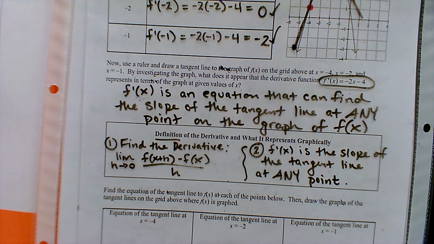So we have 2 definitions. Either the definition on how you find it, mathematically, or the definition of what it represents graphically. Both are important to know, how to find it and what it means. We doing okay so far? I know this is new to us. We've never done this, but we're going to keep working at it until it really sinks in.